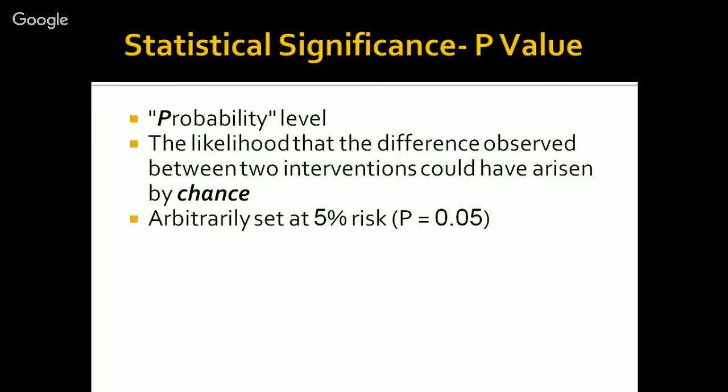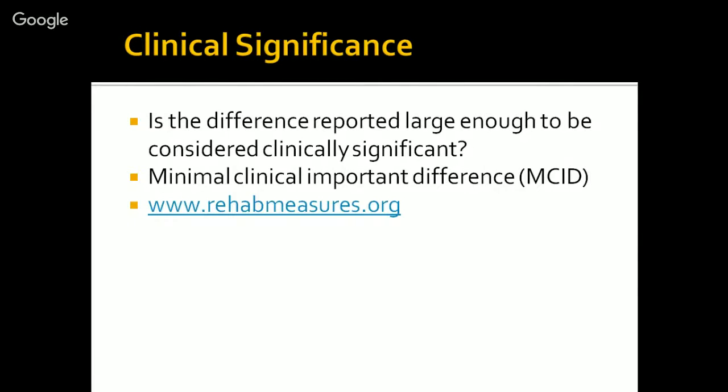Next thing is clinical significance. Clinical significance is very important, equally or sometimes more important than statistical significance. This tells us that whatever difference they have observed between two groups, that one treatment is better than another, or how much they have got, that difference is large enough for us to consider clinically worthwhile.